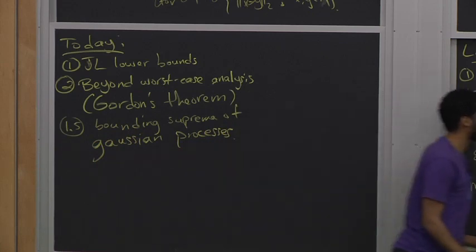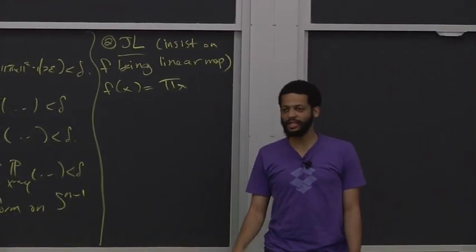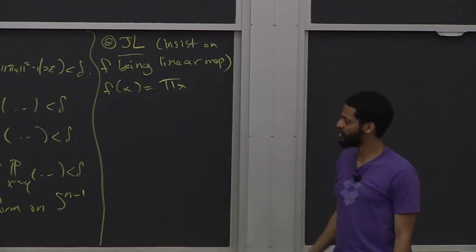So for JL, let's say that you insist on f being a linear map. f of x is pi x for some pi. Okay? Let's suppose you insist on that. Then there's a lower bound.